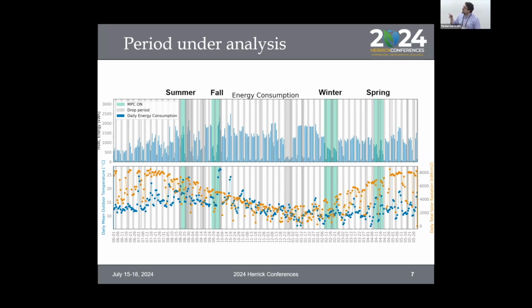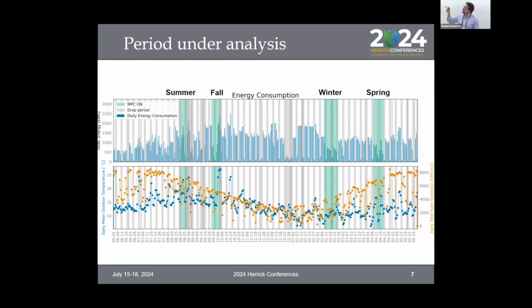In the top chart, you have the daily energy consumption, while in the bottom is the external environmental conditions. Of course, I didn't highlight it, but the site, LBNL, is in Berkeley, so it's a relatively mild climate. There is definitely a seasonal component, but overall, in terms of temperature, it's pretty mild throughout the year.